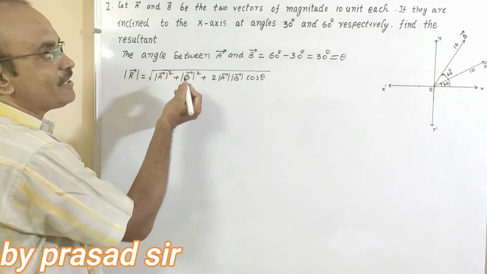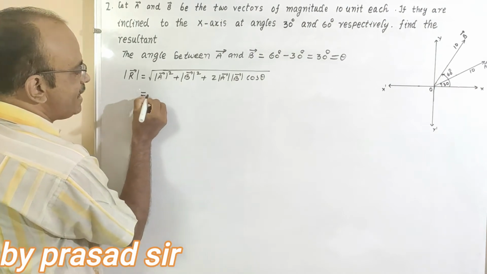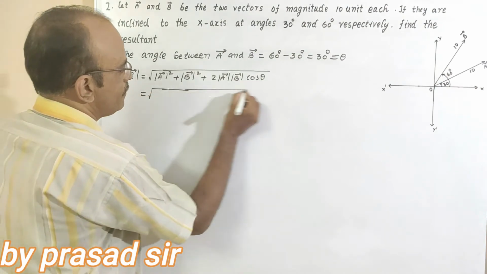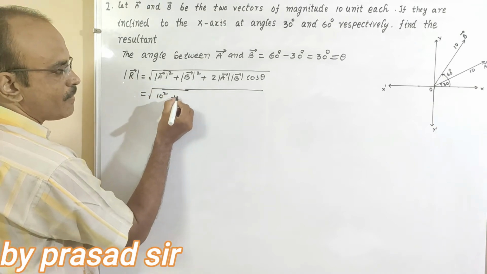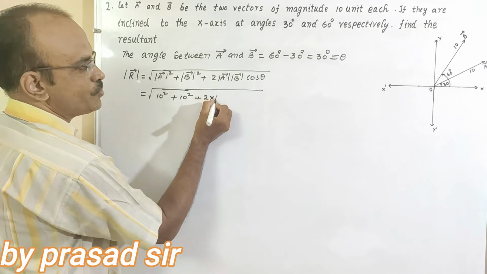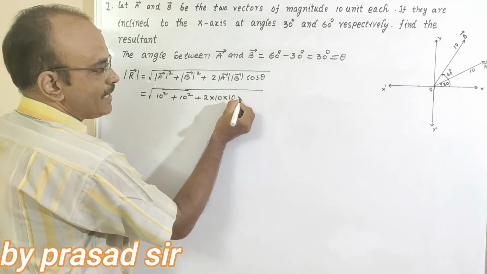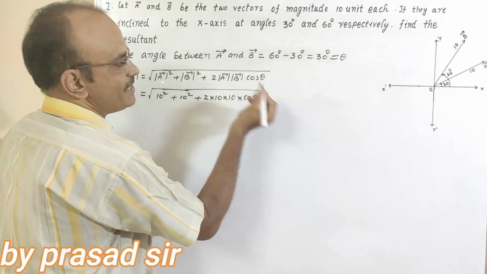The magnitudes of A vector and B vector are given as 10 units each. So representing like this: square root of 10 squared plus 10 squared plus 2 into 10 into 10 into cos 30 degrees.